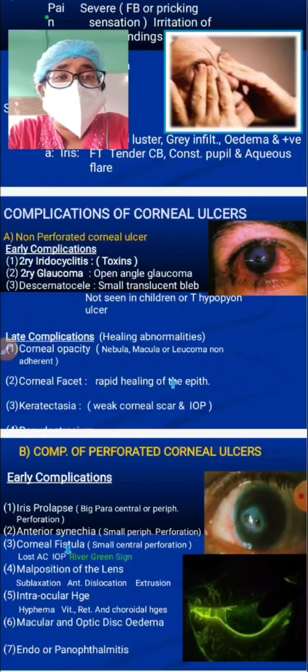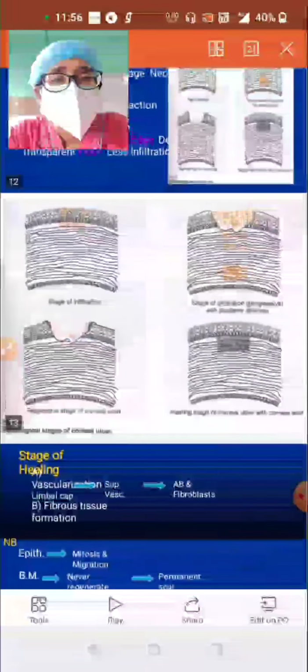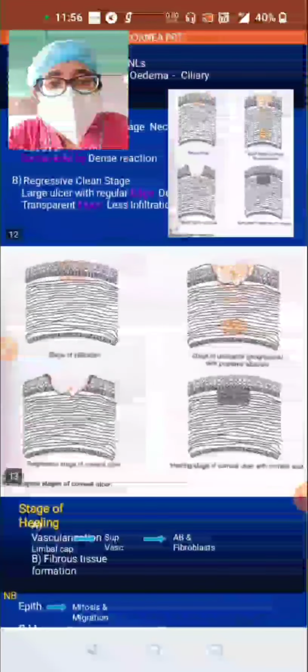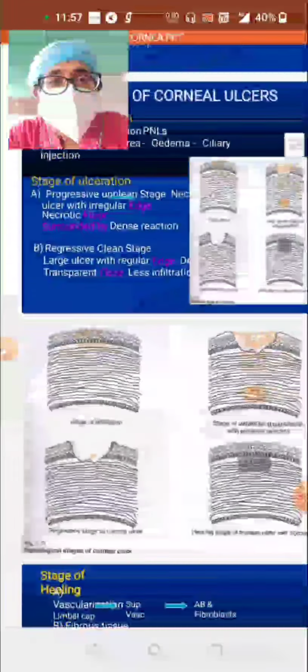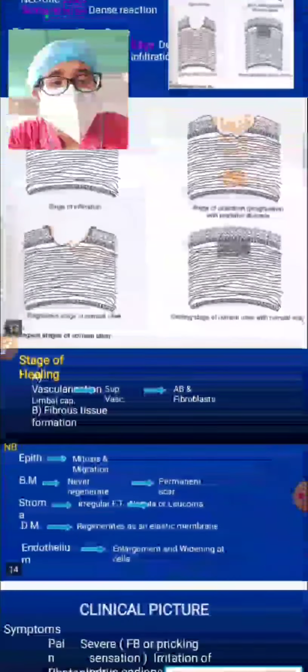Next we come to the complications of the corneal ulcer. As I have already mentioned, the stages of the corneal ulcer, see the previous slides where I showed you the pathology. So what happens with each of them?